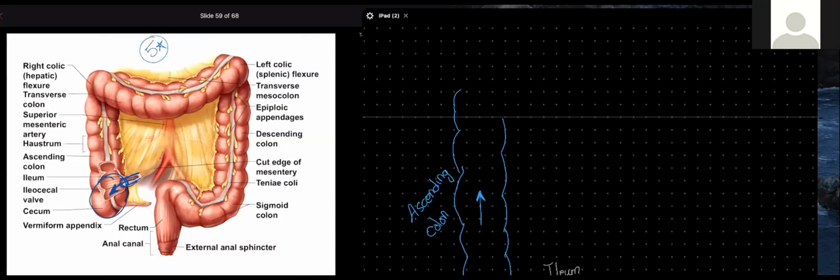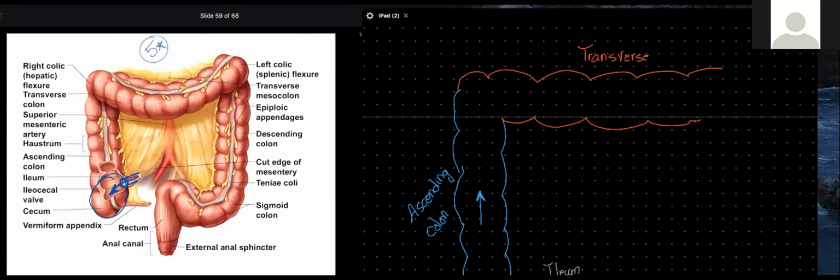Then the colon flexes and travels in a horizontal pattern. We call this part of the colon that travels horizontally the transverse colon.